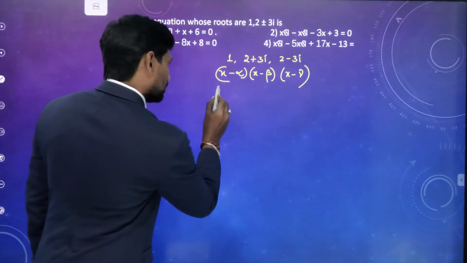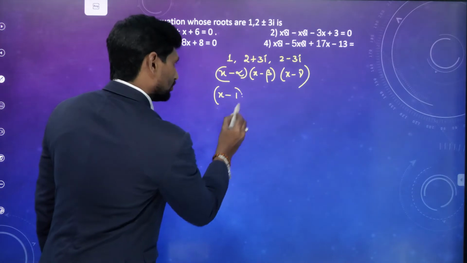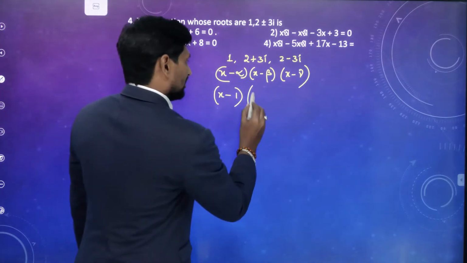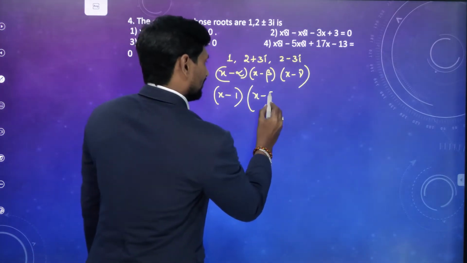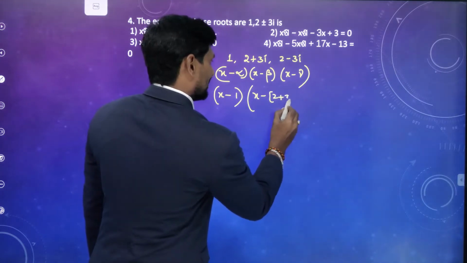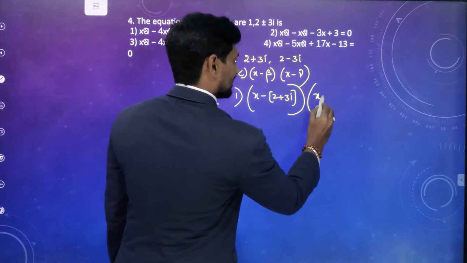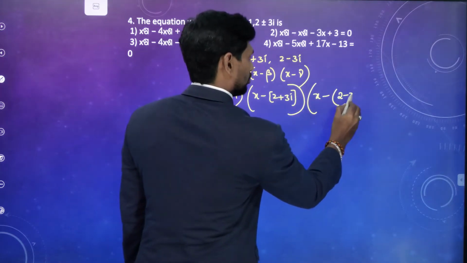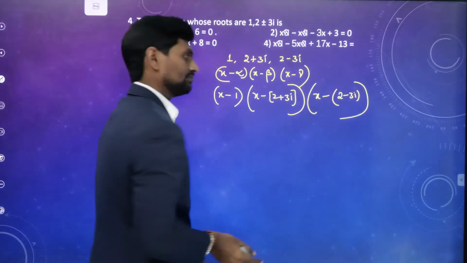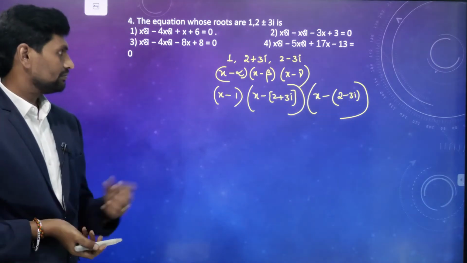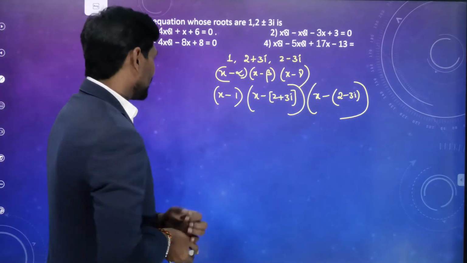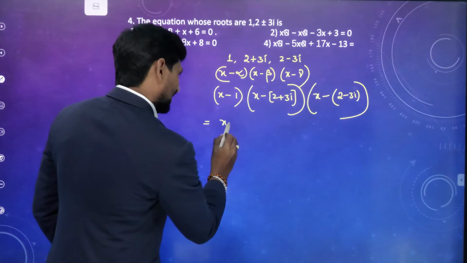That equals x minus alpha, value 1, x minus beta, value 2 plus 3i, and the third one, x minus 2 minus 3i. Okay, no? Right. So x minus 1 as it is.